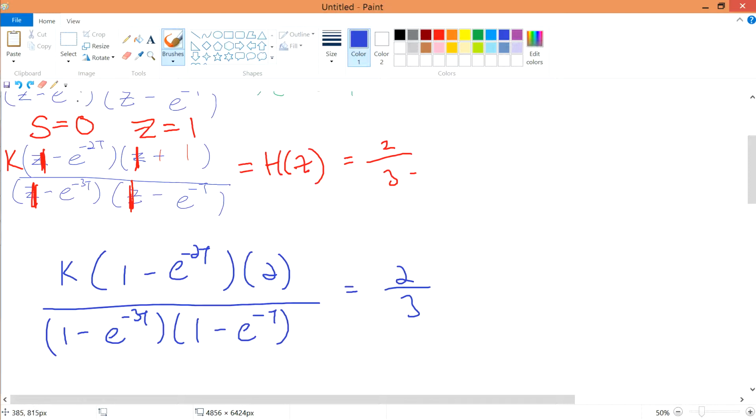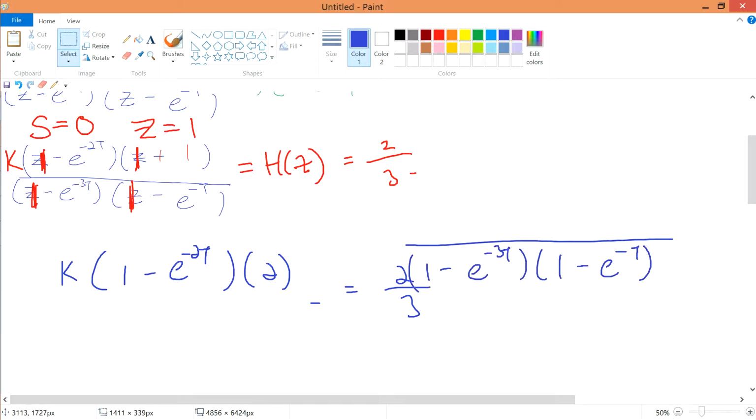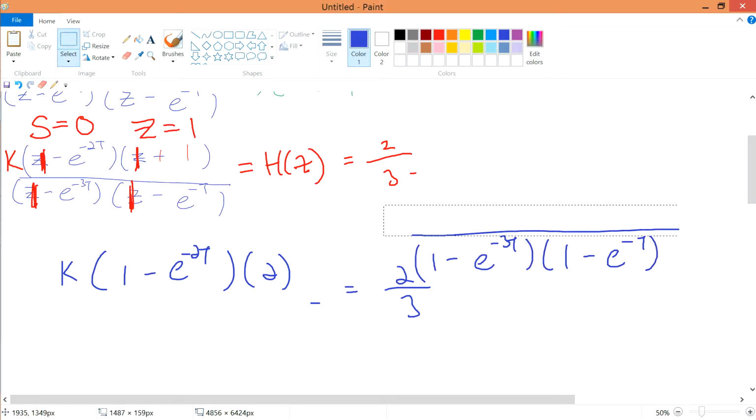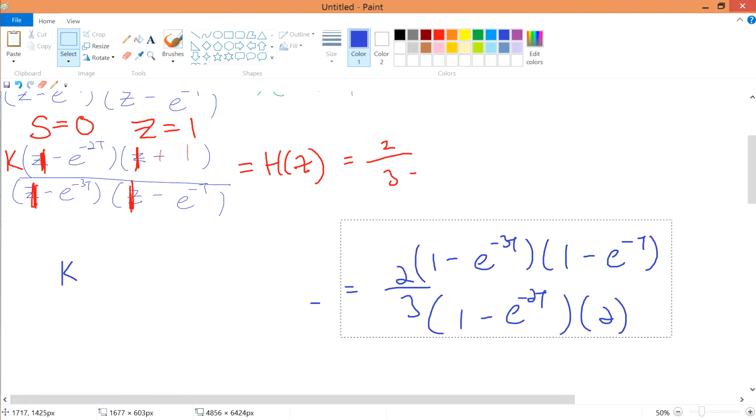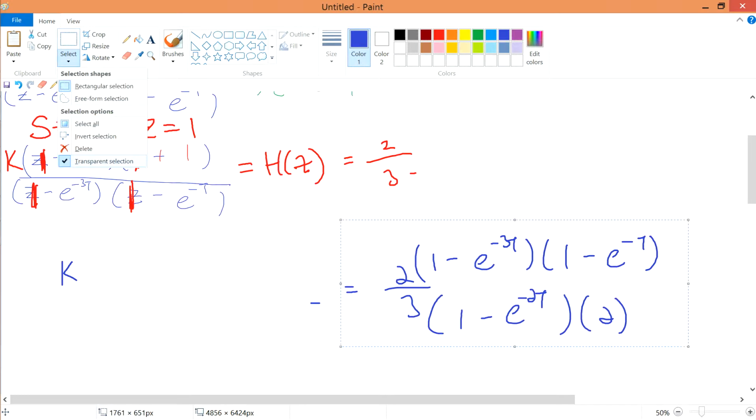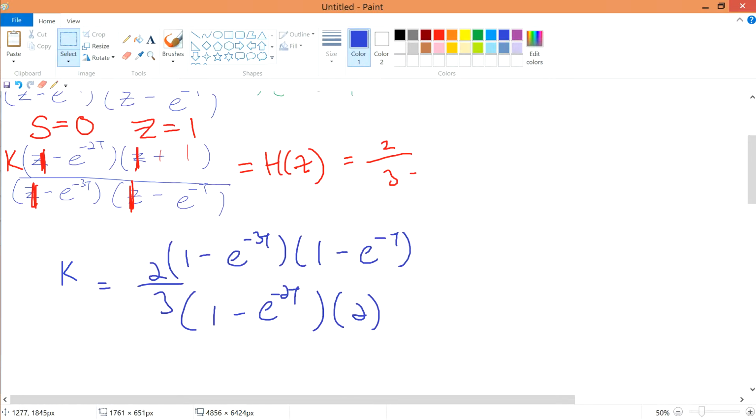So what I can do is simply switch sides. I'll bring this upwards to the top, or I remove all the lines, and this denominator I'll bring downwards. Then I'll bring everything over here and simply rearrange to get my k.